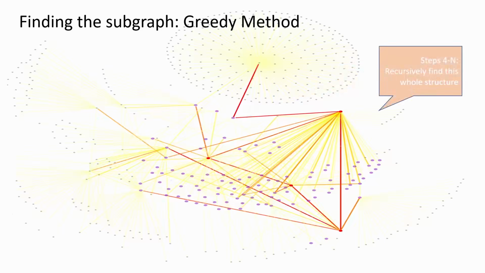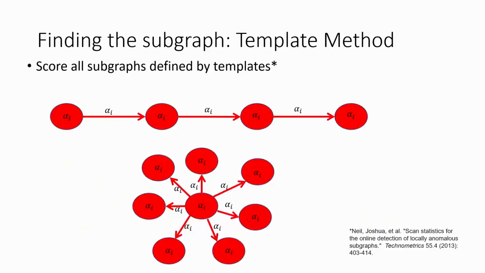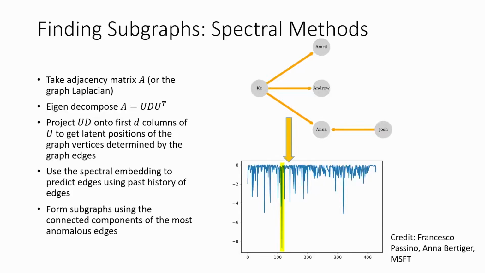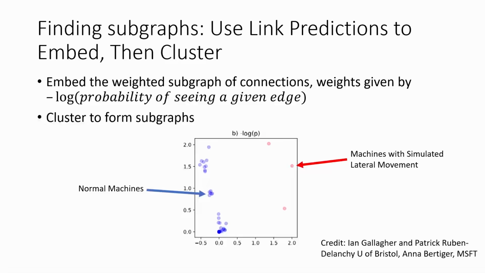But in the setting of spectral methods, we can observe whole graphs at a time. Like in minute 1, we have this graph. In minute 2, we have this graph. They change subtly. And this particular method is about identifying those changes from a spectral approach in the sequence, the time series of graphs. And that's about all I should do. I'm going to murder you guys. That's probably already too much.